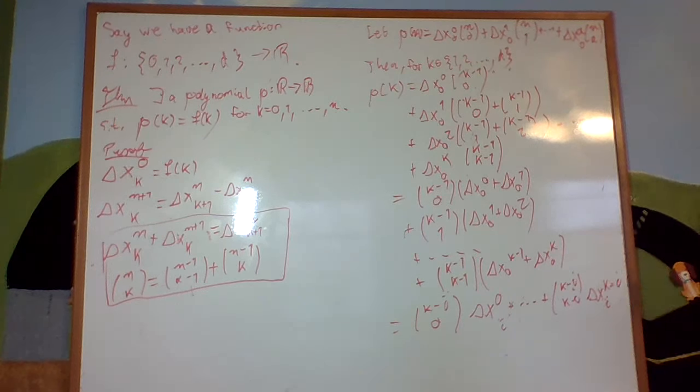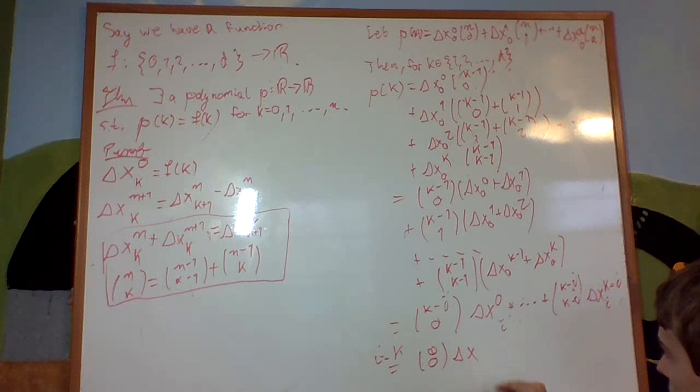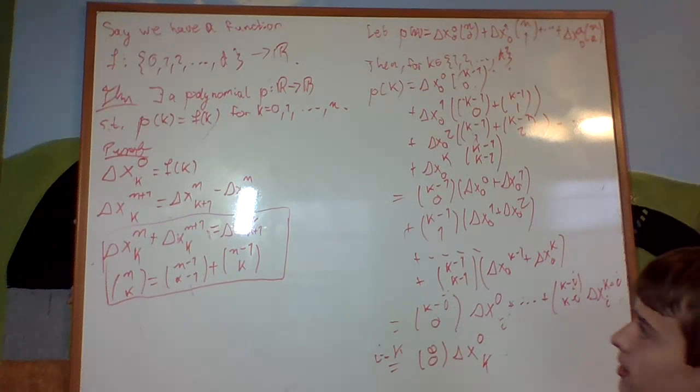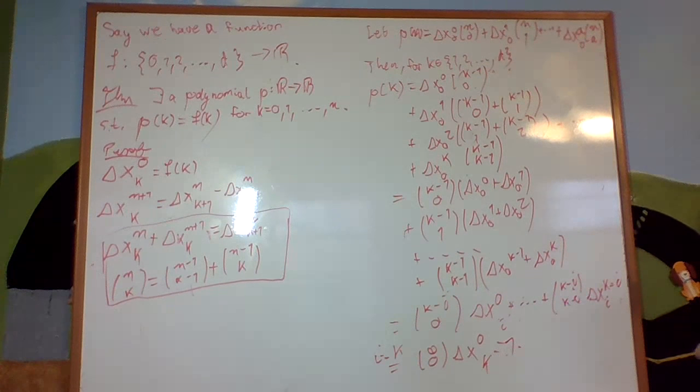And what we can do is set i equals k. So for i equals k, guess what we're going to get? k minus i is k minus k, which is 0. 0 choose 0, and then delta x 0 on the top, and k on the bottom. By definition, 0 choose 0 is 1.